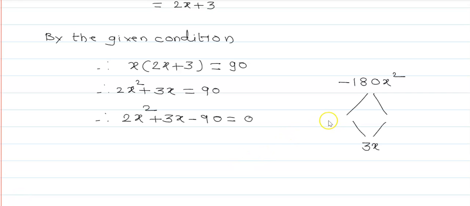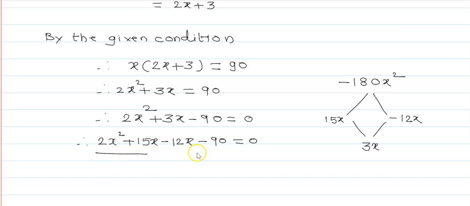The numbers are here 15x and minus 12x. Okay. Therefore, here 2x square plus 15x minus 12x minus 90, and that's equal to 0.